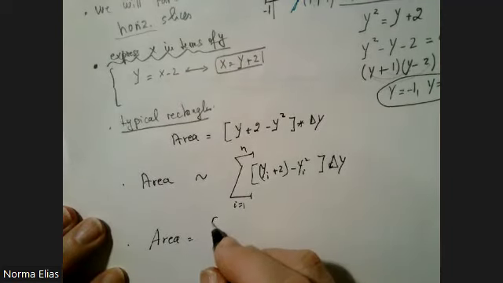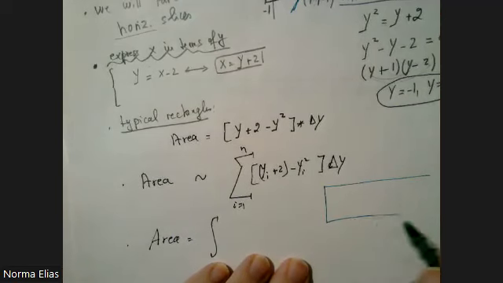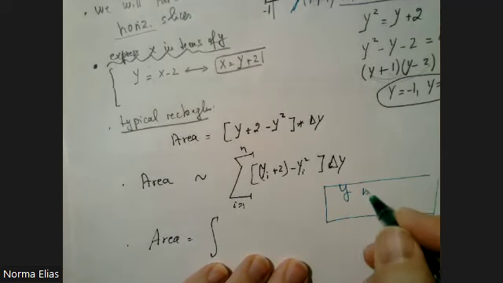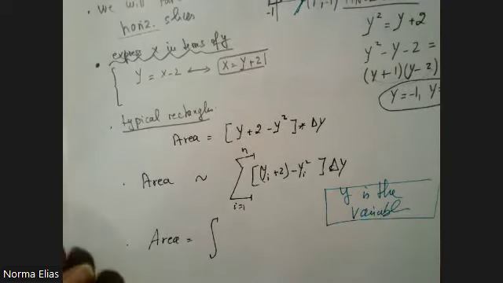equal the integral. And now here you should be extremely careful, in the sense that in this problem, y is the variable. I'm dividing the interval on the y-axis into pieces. Y is the variable.